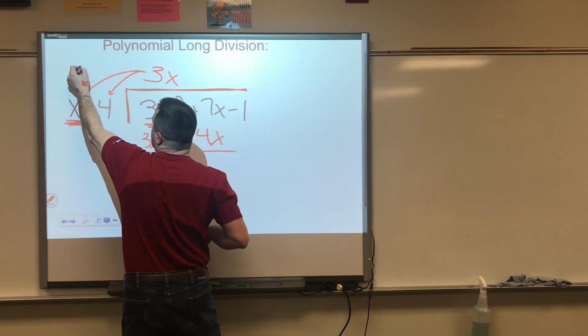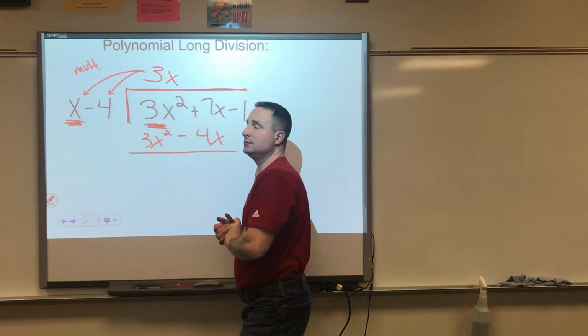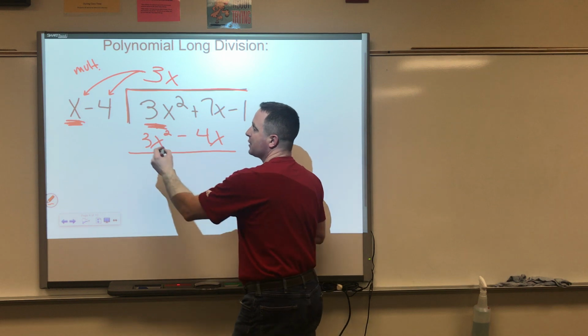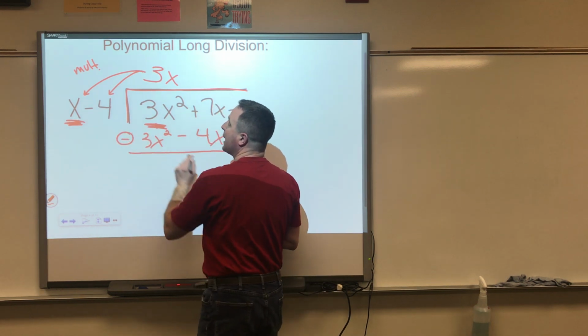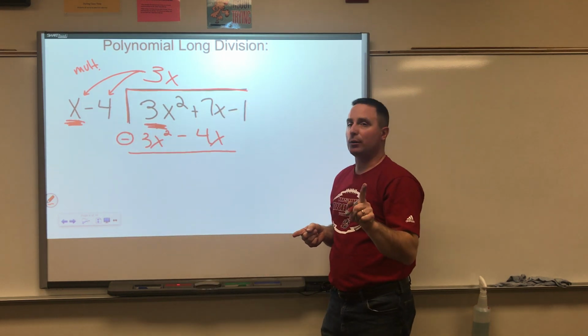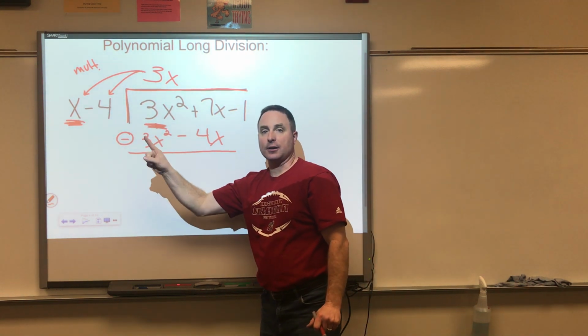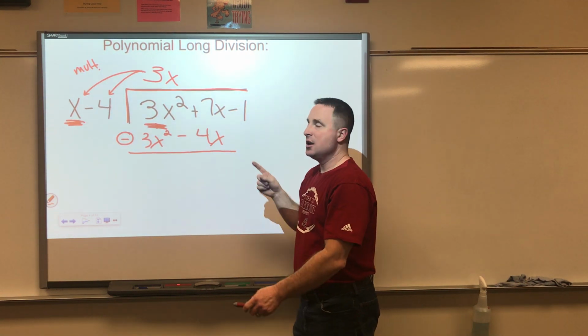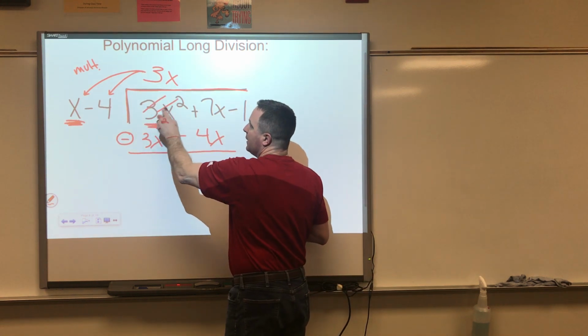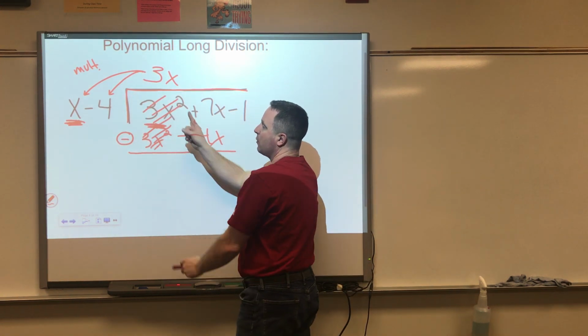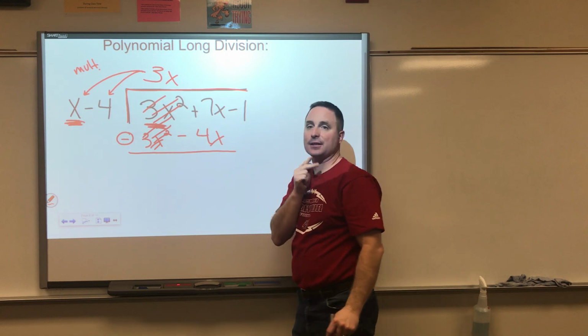And notice what I did here is I multiply. And maybe you remember from long division, what I do next is I subtract. And it's greatly important that you write the subtraction sign with a circle around it, because I'll show you why in about 5 seconds. When I subtract, these first terms should always go away. 3x squared minus 3x squared is 0.